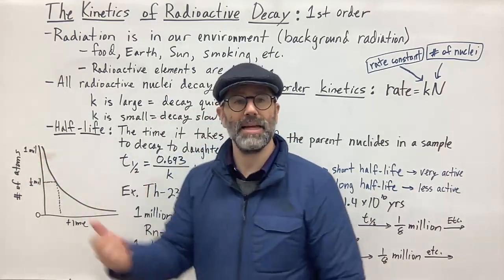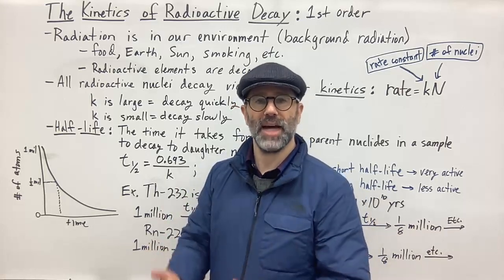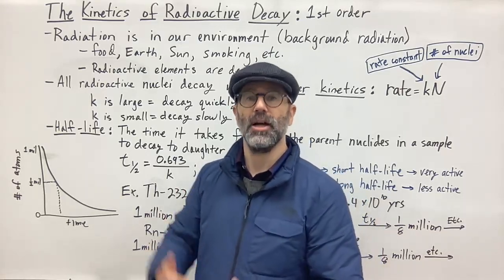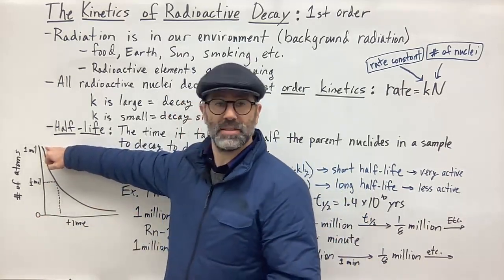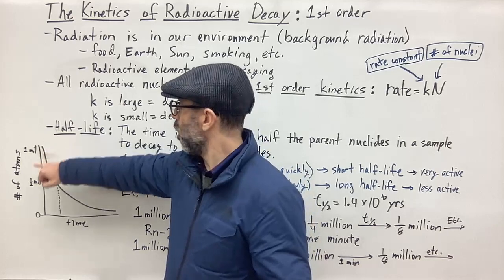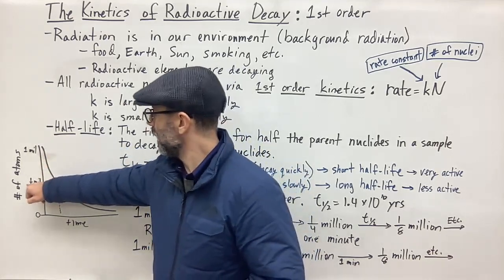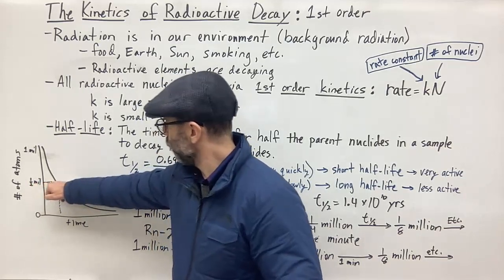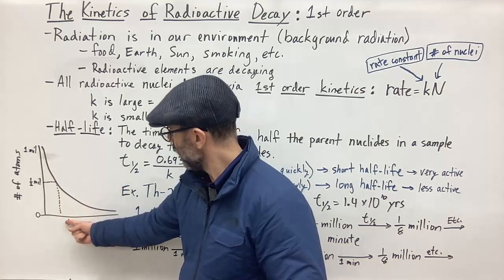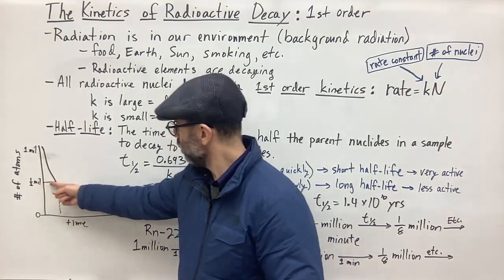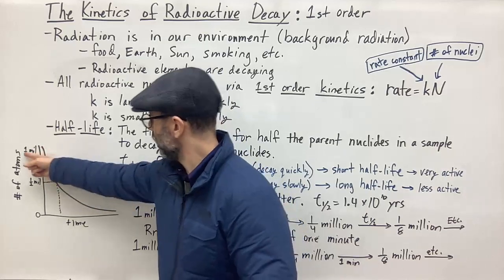So I know that by definition, the half-life is what? The half-life is the amount of time it takes for half of the original sample to decay. Well, if I know what the original sample is, let's say 1,000,000, then all I need to do is find half of 1,000,000 on my graph and then go all the way to the line here, the graph here, and then go down to the time. So I go over from half of my original sample, whatever it is, here it's 1,000,000.